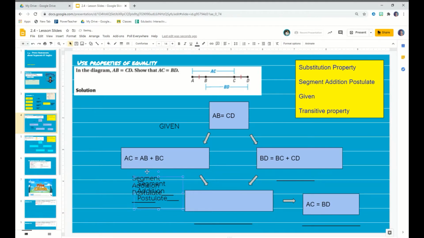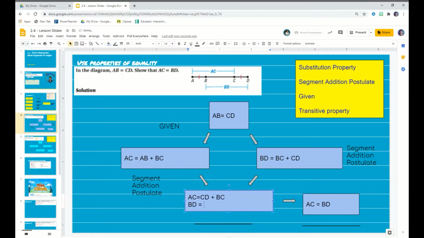Now I'm going to start with my given here. My given in this example is actually in the diagram. I'm given that angle 1 is equal to angle 3. That is given. Now, from there, I'm dealing with angles, and if I look at EBA in my diagram, EBA is made up of angle 2 and angle 3.